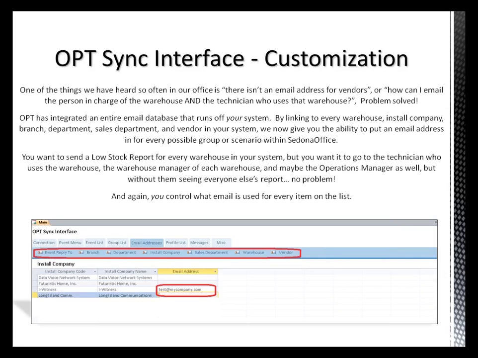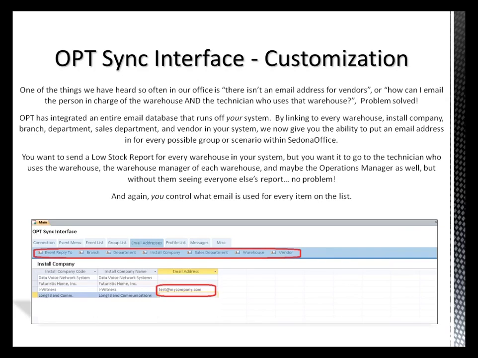In addition to the information that we've stored for the profiles and the events, we also look at the Sedona database, and we can add additional information to certain tables that don't have email addresses. So for instance, your branch and your departments don't have an email address assigned within Sedona.